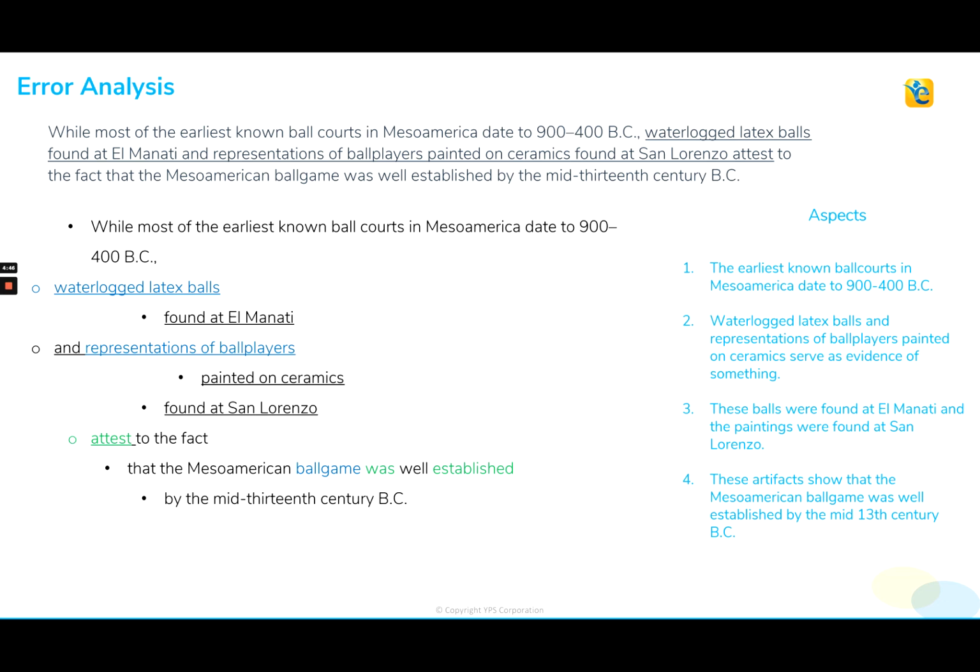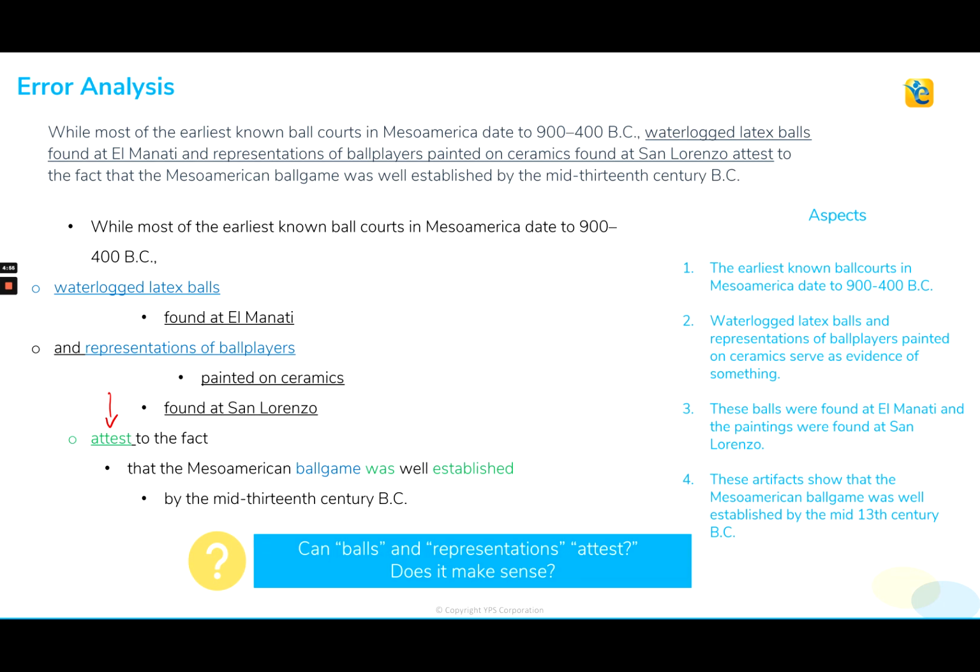We do get some students ask a question here about this verb attest. The big question that they ask is, can balls and representations attest? Does it make sense? Whenever your gut is telling you to doubt a word or questioning if something makes sense, I want you to stop and do a quick word check in your mental dictionary.